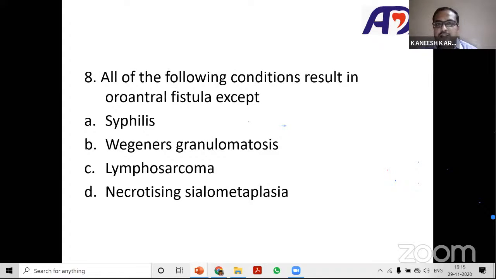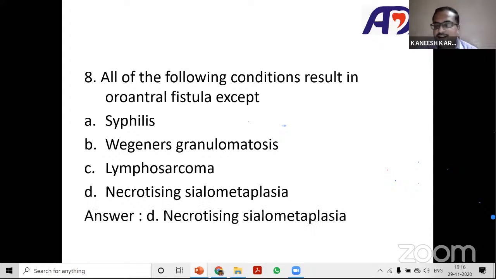All of the following conditions result in oroantral fistula except... Okay, Dr. Madan has given an excellent answer. It is necrotizing sialometaplasia.